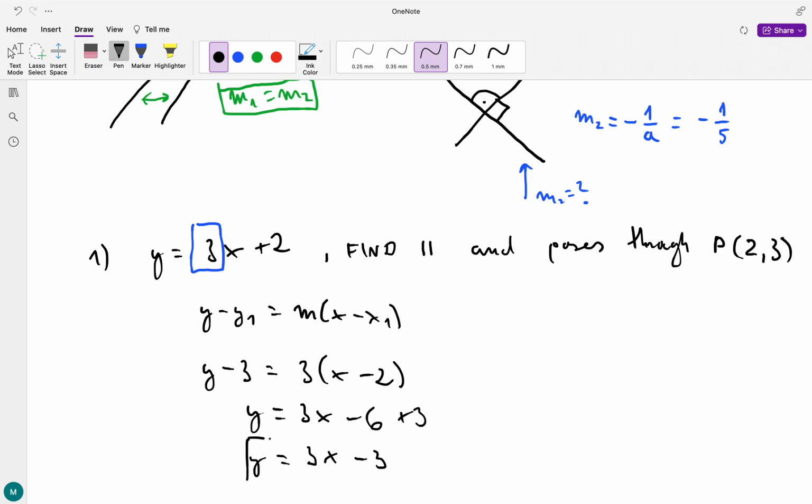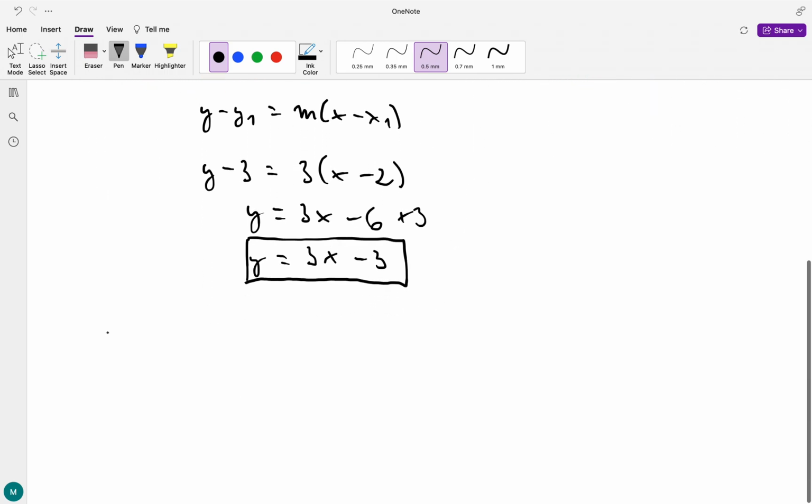And that's how you find an equation of a line that's parallel to the original line and passes through a point. For the second example, we're going to work with a line that's perpendicular to the original line.